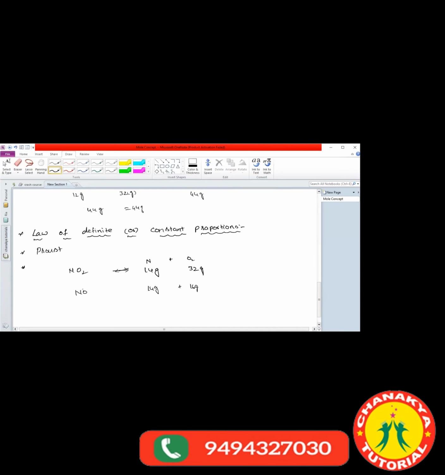So in any compound, the elements are combined in a fixed, definite ratio. That is what we call the law of definite proportion or constant proportion. In any compound, elements are present in a fixed proportion by mass.